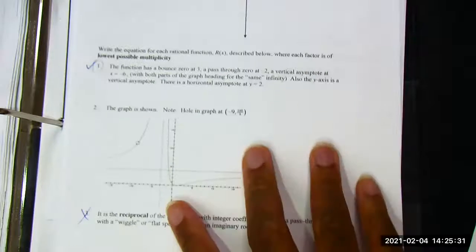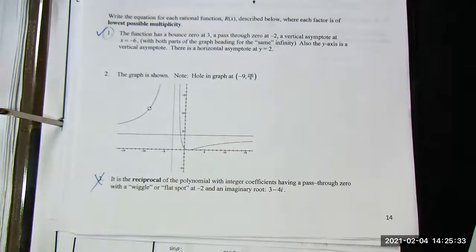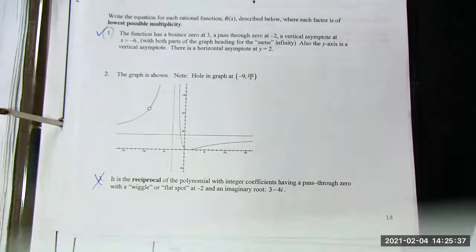I'm going to do a very similar approach. There's lots of moving parts. So I'm going to gather all of my moving parts and then put it together and see what I have. So we're told, first off, always use the lowest possible multiplicity. We're told the function has a bounce point at 3.